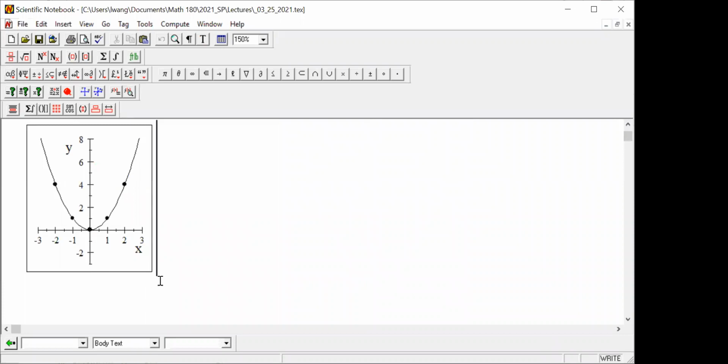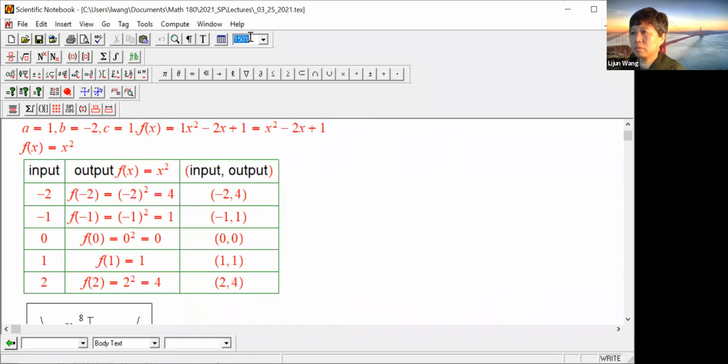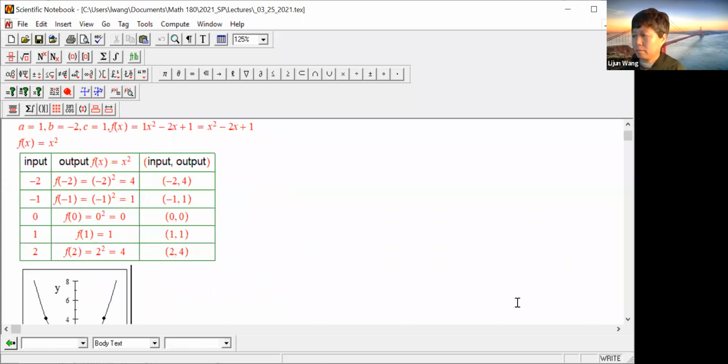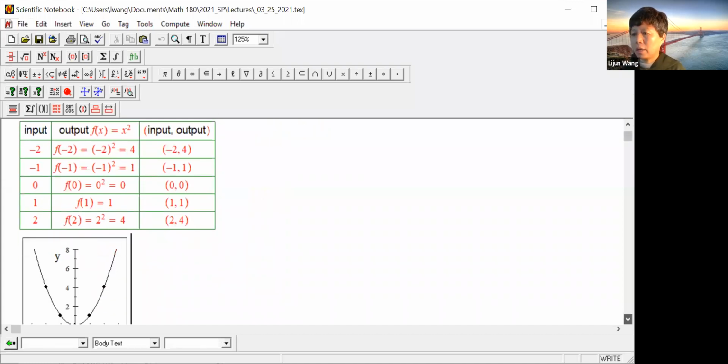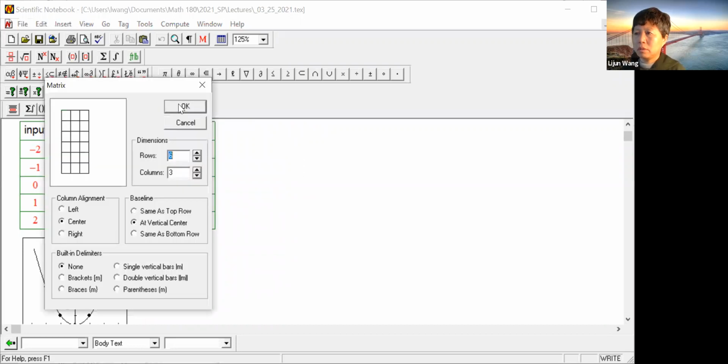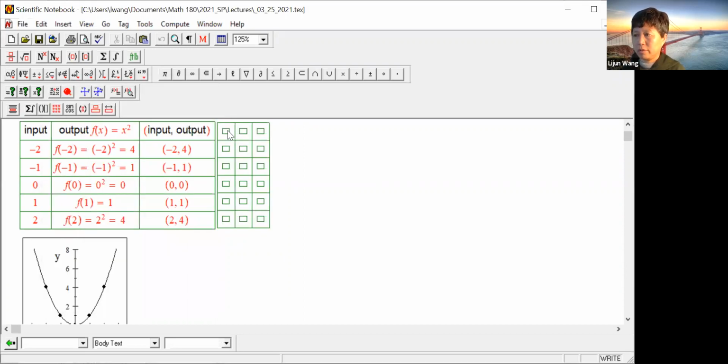We can tell the domain and range, right? So let me make it a little bit smaller size. We look at the table and we observe the features. So now I'm going to make a table so we can put down the features that we observed. What have we observed? Observation.